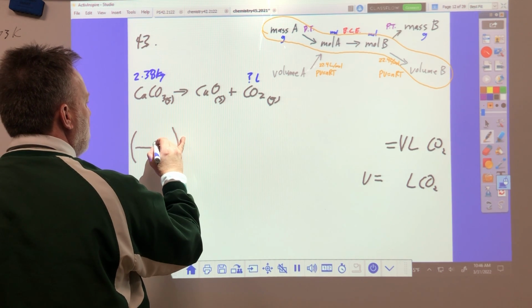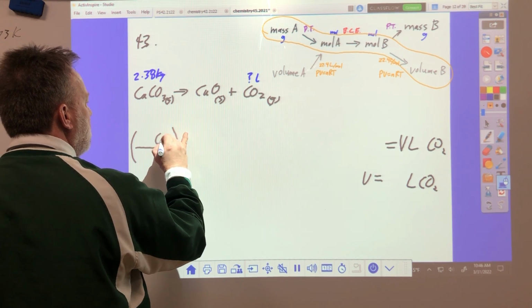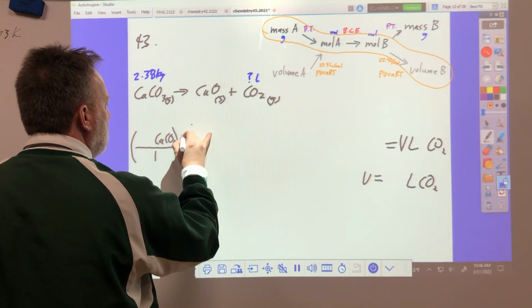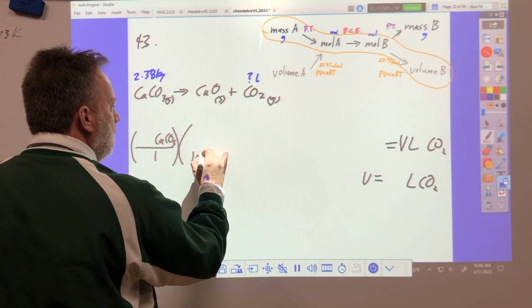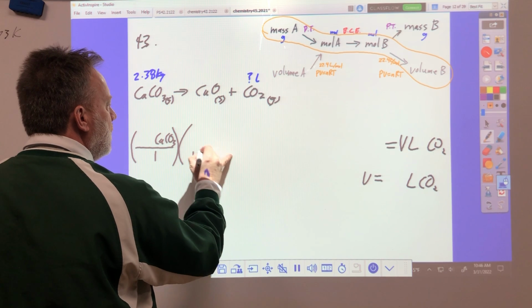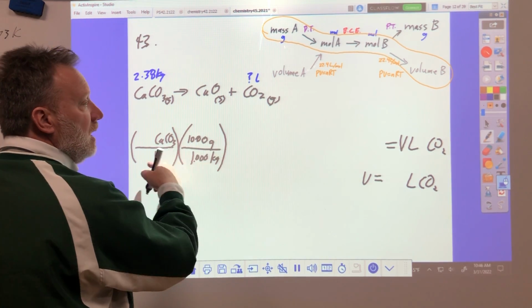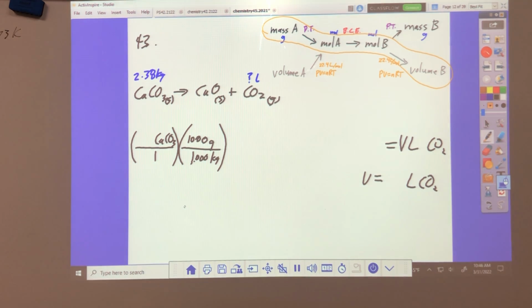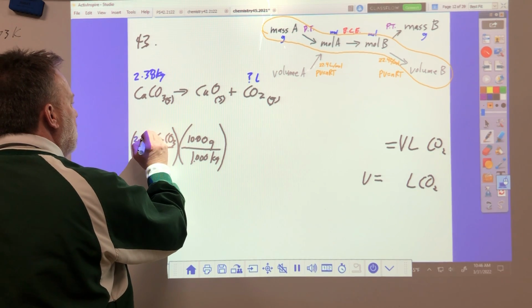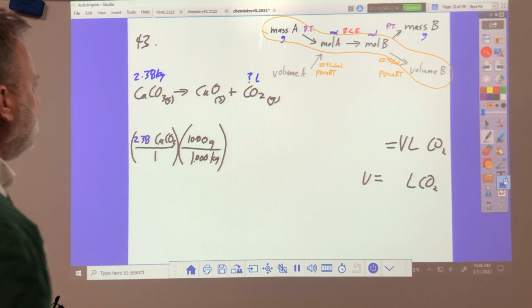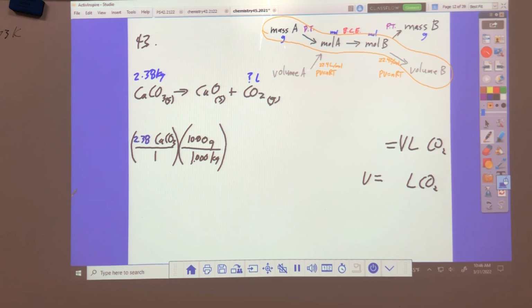Okay, so we have so many kilograms CaCO3. And every 1 kilogram is 1,000 grams, so first we got to get that in grams. Okay, and I have 2.38 kilograms. So that's going to cancel.